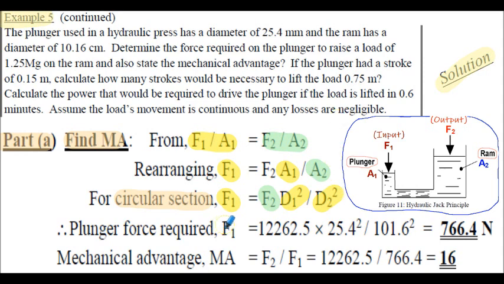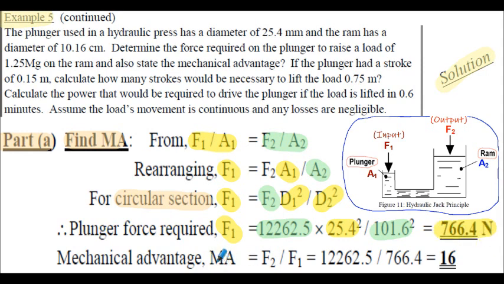So the plunger force required F1, and we insert our values, F2 from the previous slide, the diameter for the input, diameter for the output. F1 evaluates to be 766.4 newtons.